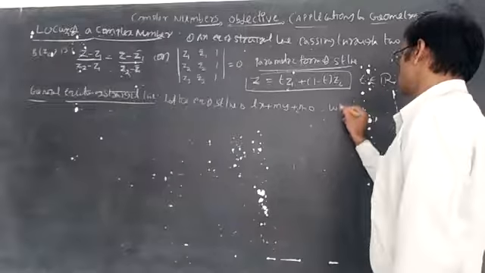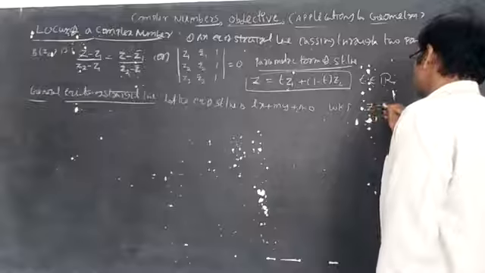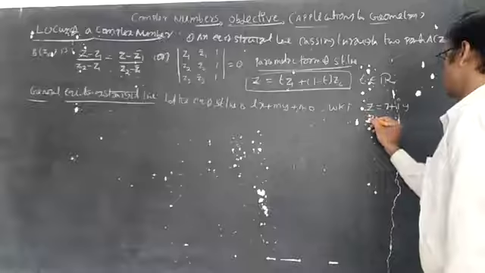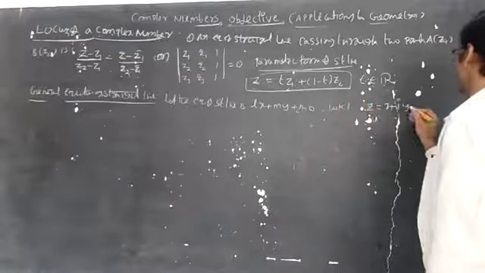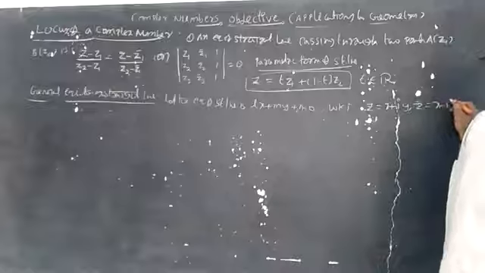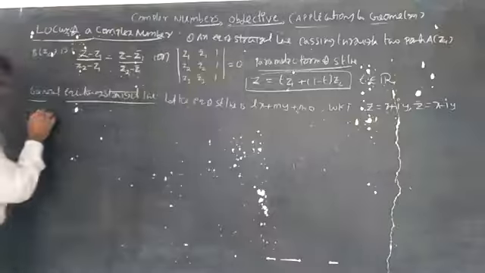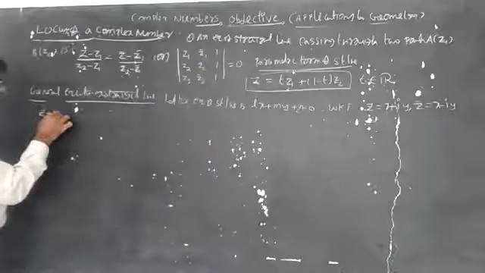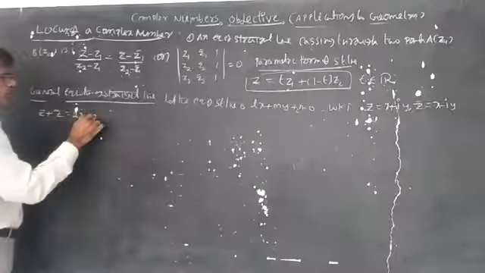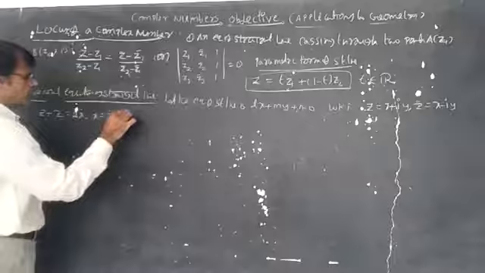Keep that aside. We know that z is equal to x plus iy. There only, you write z bar is equal to x minus iy. So we have taken a complex number and its conjugate. Now add both, z plus z bar, and you get 2x. So x is equal to (z plus z bar) by 2.